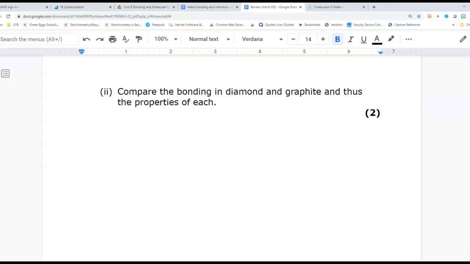So as a result, we would expect diamonds to be hard and have a high boiling point, but we would expect graphite to still have a high boiling point, but be much softer.